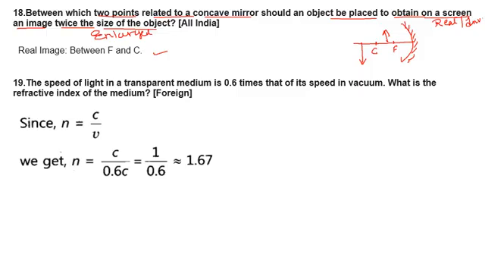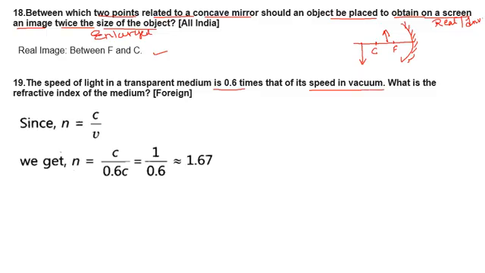The speed of light in a transparent medium is 0.6 times that of the speed in vacuum.